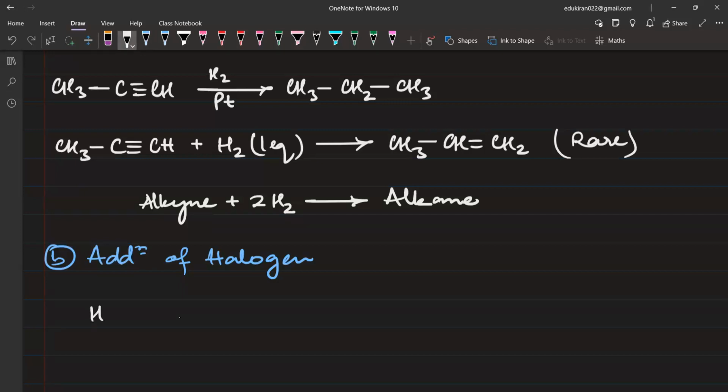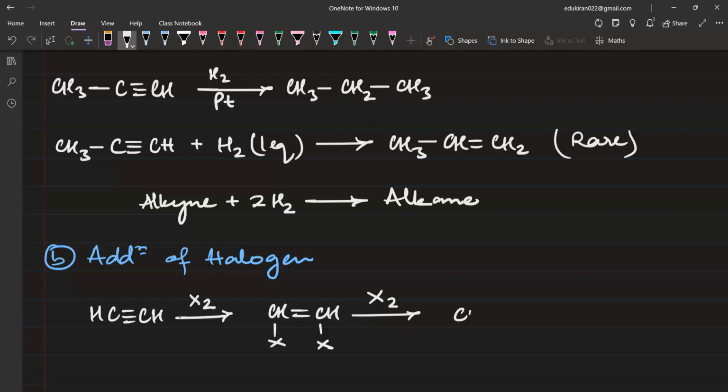Now here if you have H C triple bond CH and you react this with X2, this is going to give you CH double bond CH and आपके पास 2 halogen attach हो जाएंगे. Now this reaction can occur once more and you will have CH single bond CH और दोनों कार्बन में you will have halogens like this, X X X X, ठीक है?